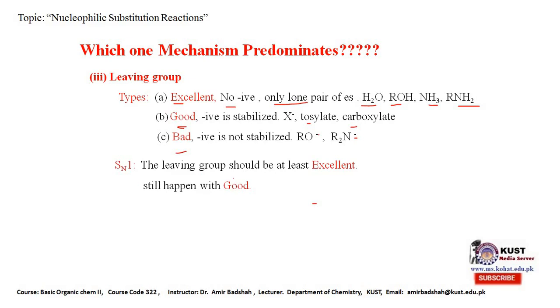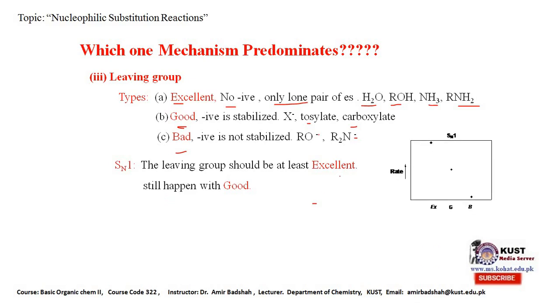So the SN1 mechanism can be affected by the nature of the leaving group. If the leaving group is excellent, then SN1 will be favored. If the leaving group is bad, it will never follow the SN1 mechanism, but if it is good, it will still follow the SN1 mechanism.